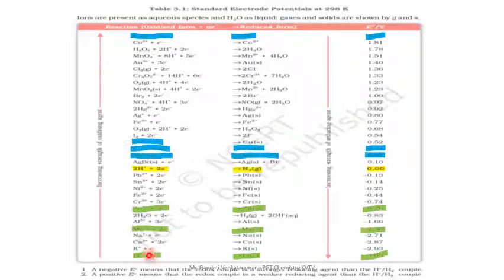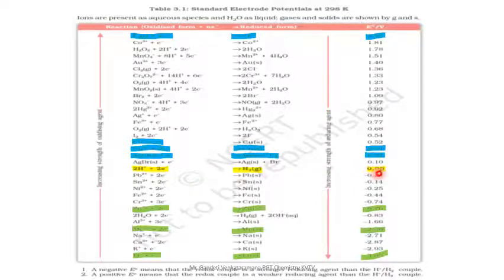Now I would like to divide the table. From fluorine up to here, look at all of them: all are positive values. Clear? Next one is the reference or standard hydrogen electrode, taken as 0.